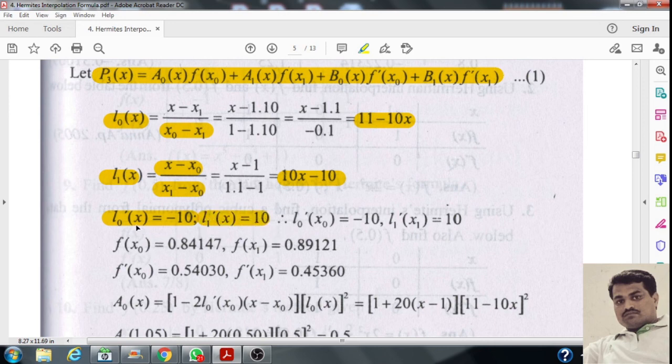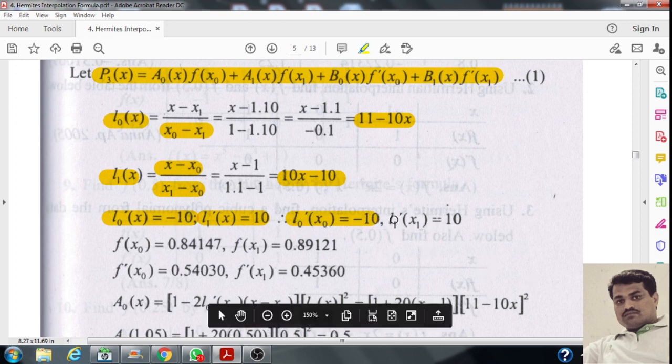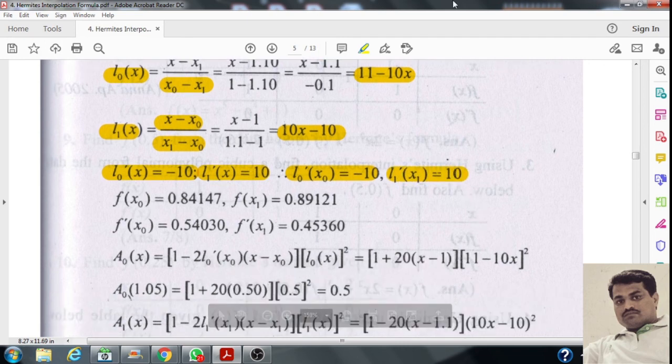Then we replace x by x0 and x by x1, and we get L0 dash of x0 is equal to minus 10, remaining the same, as there is no variable on the right hand side. Also L1 dash of x1 is equal to 10. Thus we get L0, L1, L0 dash of x0, L1 dash of x1.